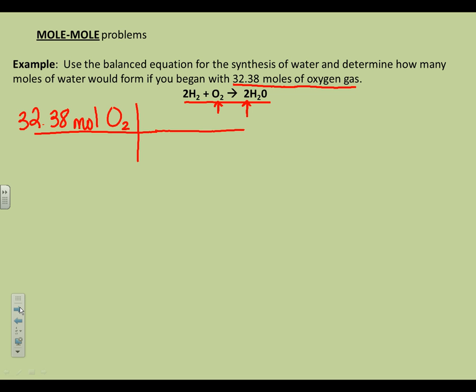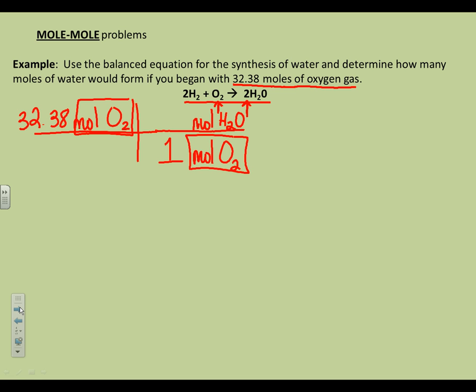Okay. So the deal is now we want to go from moles of oxygen to moles of H2O. Why would the O2 not be on the top of the line? Well, remember, we always want to have like units on a diagonal so that they will cancel out. Oh yeah.